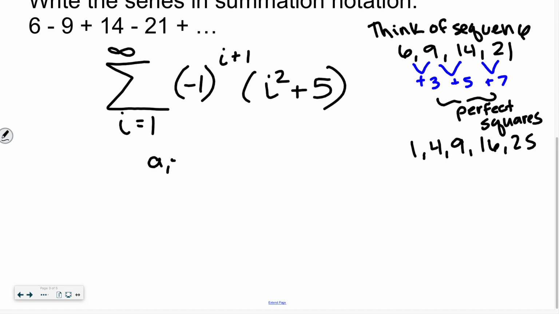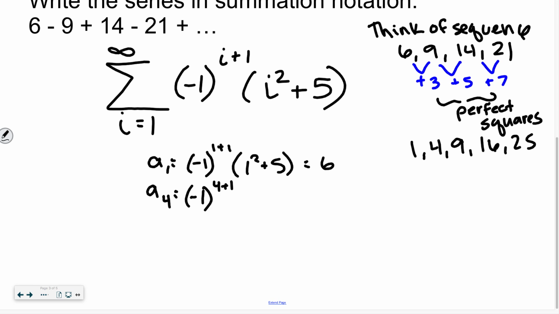So a sub 1 would be negative 1 to the 1 plus 1 times 1 squared plus 5. That'd be positive, and then 6. And let's try like the fourth term, see if it works out there. Negative 1 to the 4 plus 1 is 4 squared plus 5. That's going to be a negative, and then 16 plus 5 is 21.